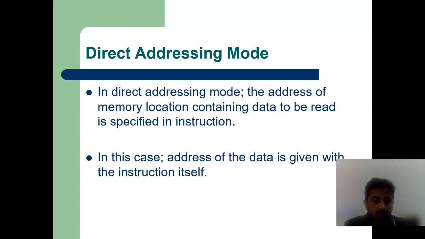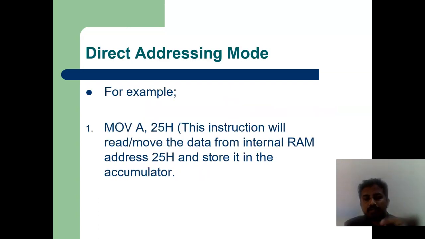The second category is called direct addressing mode. In this addressing mode, we specify the address of the data directly in the instruction. For example, MOV A, 25H. 25H is an internal RAM location.